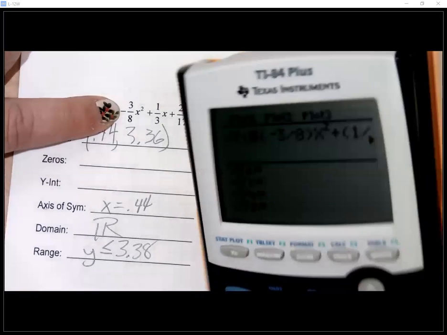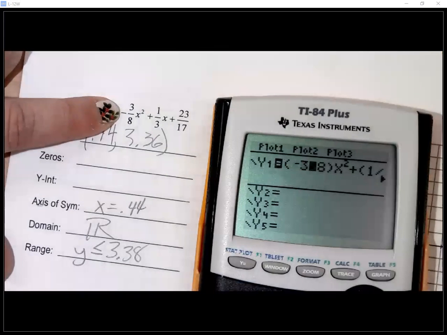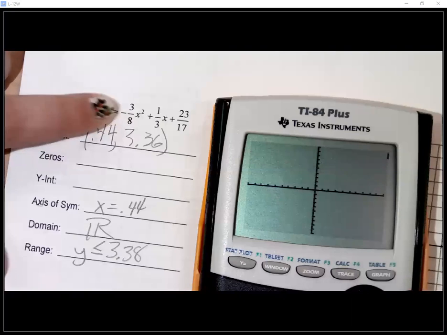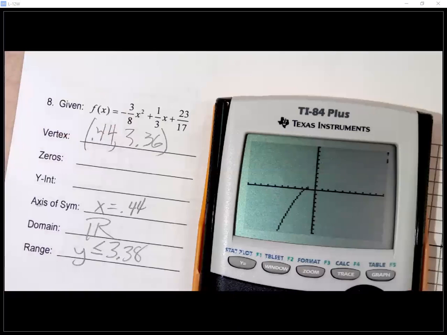Okay, let me look. Why are we getting different things? Did I type in something wrong? 1/3 x plus 23. Oh, I did 23/7, not 17ths. My mistake, my mistake. Good catch.